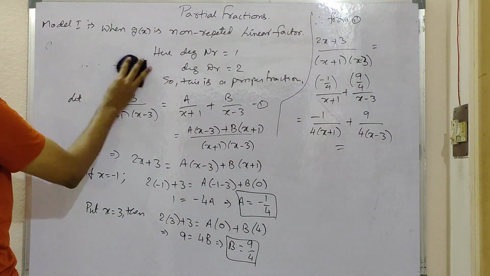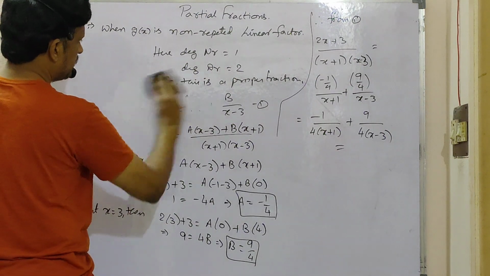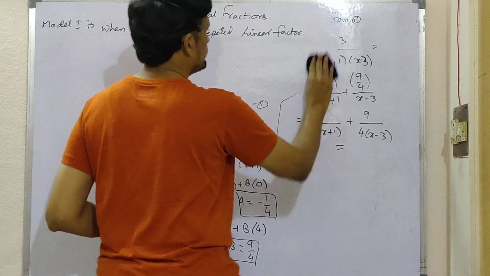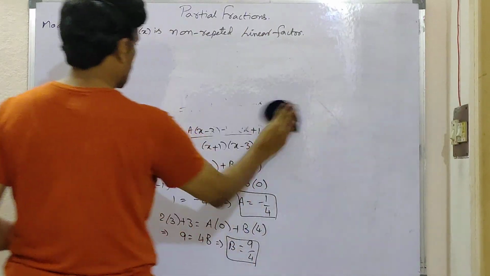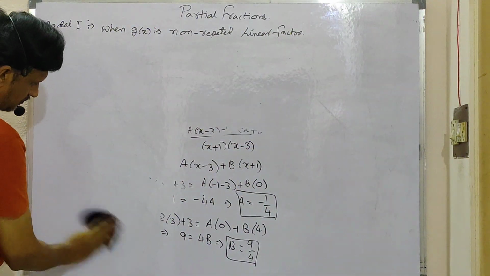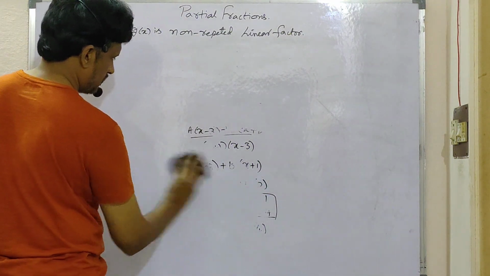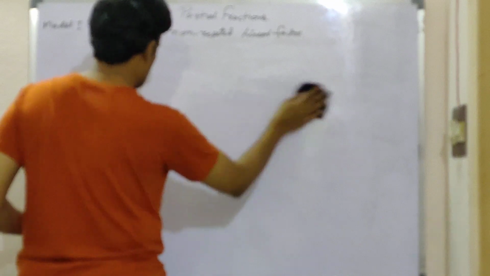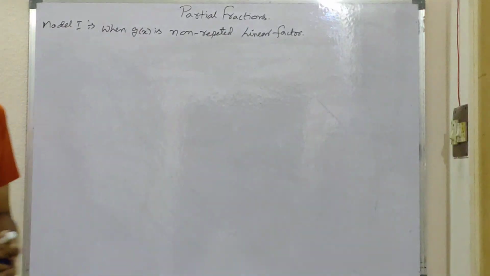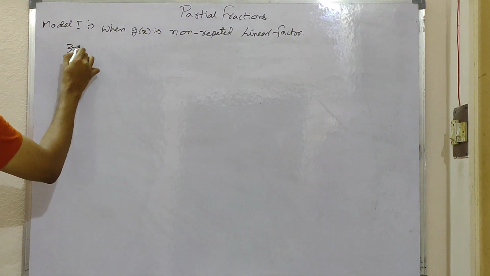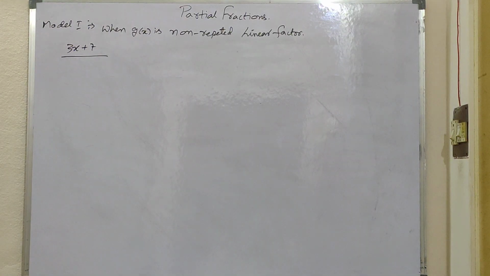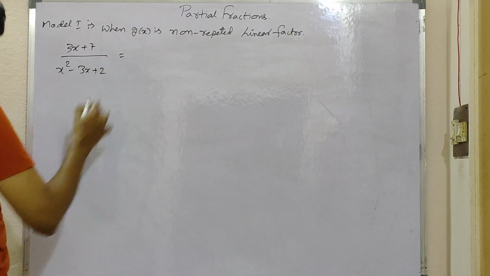Now another problem of the same model. The given fraction is (3x+7)/(x²-3x+2).